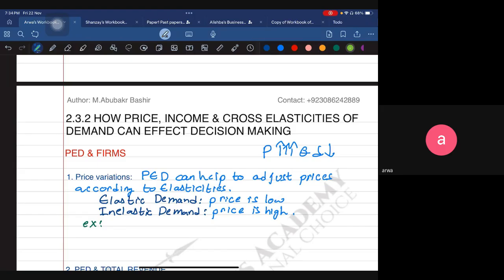Exactly. Then the best example to fit in here is Uber. Yeah, high Uber prices during peak hours. During peak hours, basically when people are going to the office, going to school, at that time it would be higher. But in the evening or late at night, the prices would be low.